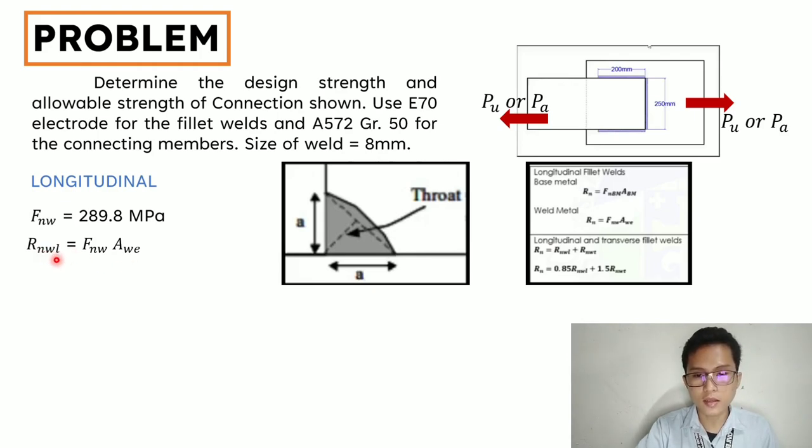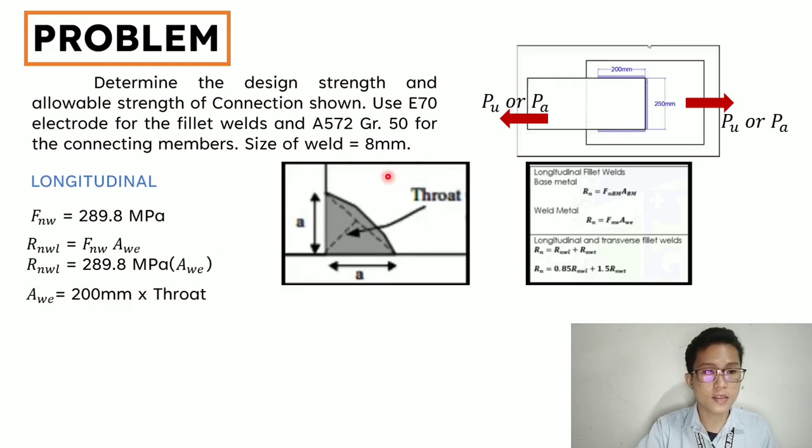So for the longitudinal, it is equal to F sub NW multiplied by A sub WE, where our F sub NW is equal to 289.8 megapascal, and the value of our A sub WE is equal to 200 millimeters, which is the length of our longitudinal fillet weld here. As you can see in the figure, 200 millimeters multiplied by the length of the throat of the welded area.